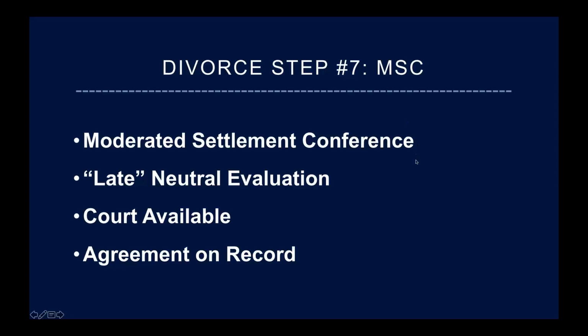The next step, again, another way of trying to resolve cases, settlement in family court, is a moderated settlement conference following the pretrial. A moderated settlement conference quickly is just kind of like an early neutral evaluation where you get an evaluative opinion and whatnot, but it's done very late in the process. So we kind of refer to it as late neutral evaluation.